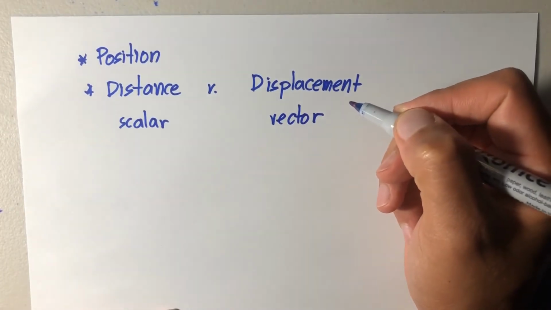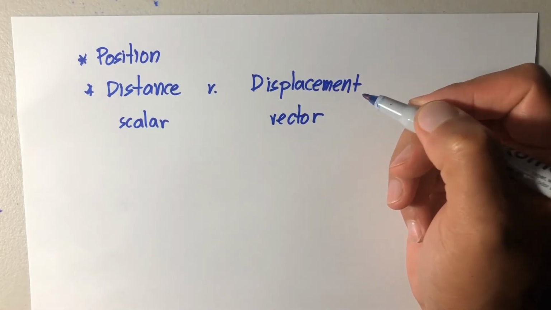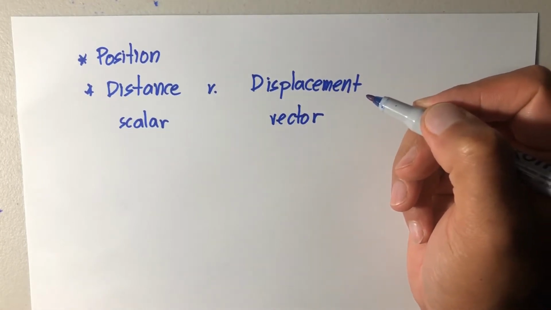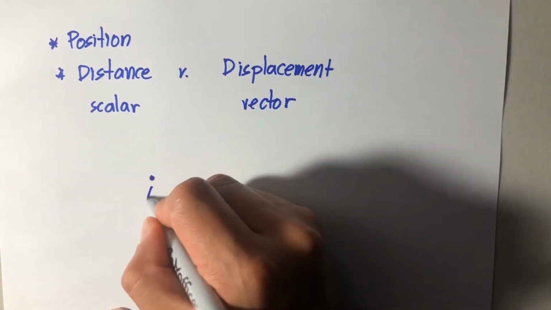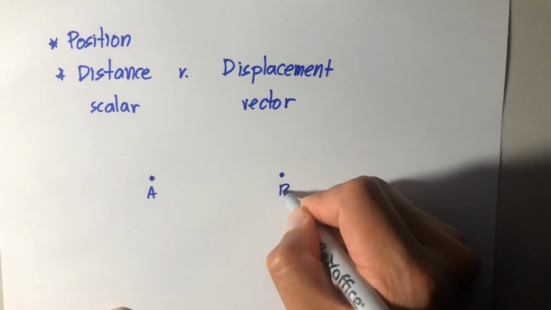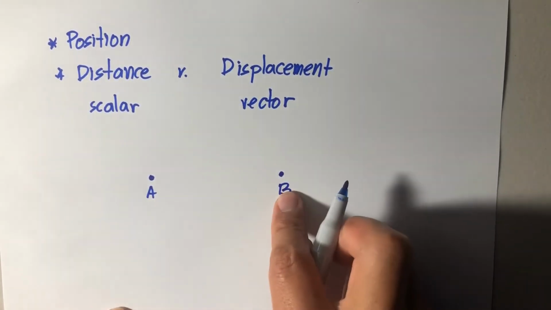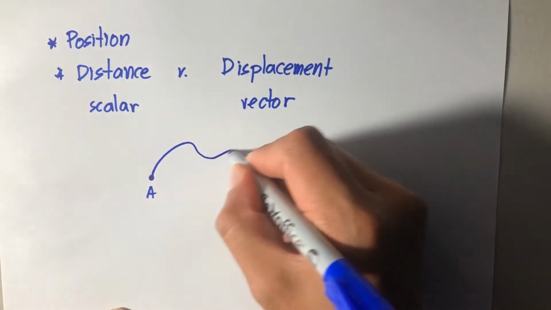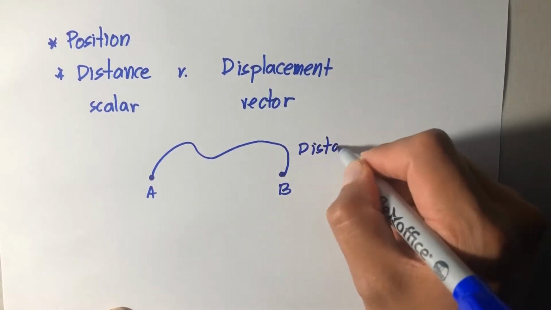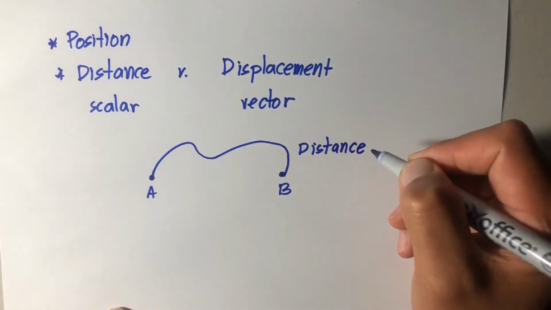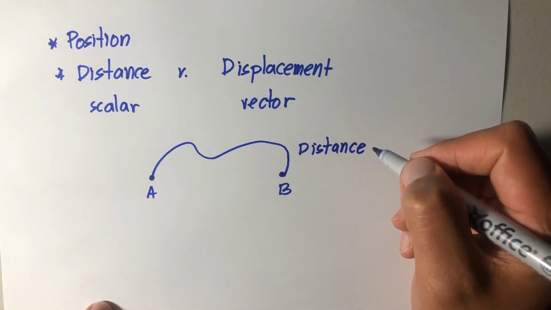To further understand the differences of distance and displacement, let us have an example. We have here point A and then point B. If an object moves from point A to point B, the space that will be taken is called distance.